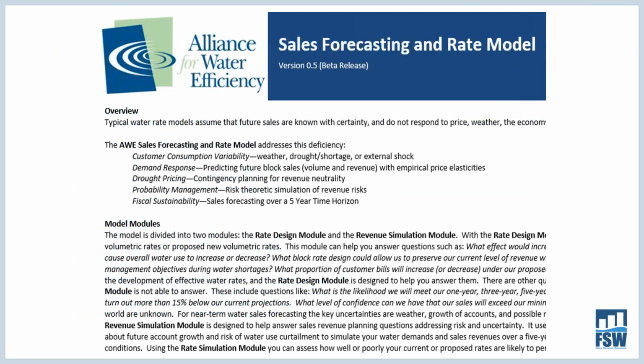So this is a screen capture of the first sheet of the Alliance for Water Efficiency Sales Forecasting and Rate Model. It is designed to be straightforward and user-friendly. It requires the least data possible. Anyone who's used a water rate model has usually had to work with customer consumption data.